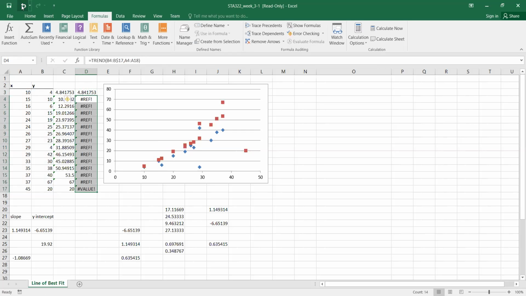Yeah, so that on row 7, it would say equal trend B7 to B17, and then A7 to A17.